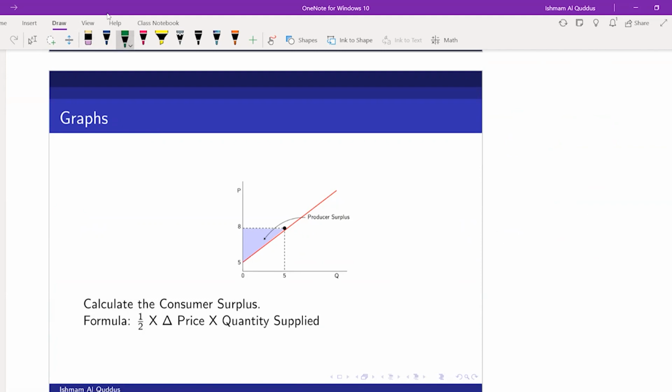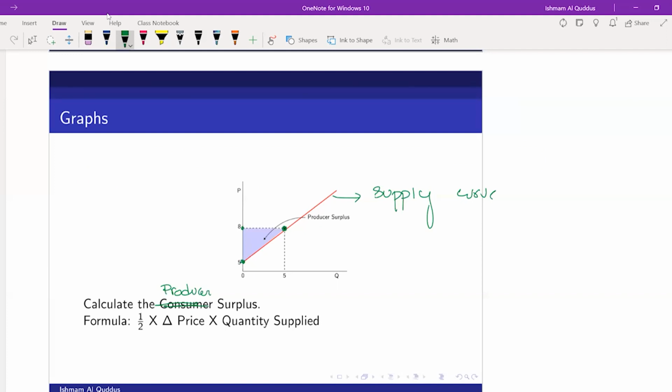So here, this is your supply curve, right? Because now we are talking about producer surplus, so supply curve. Now, the amount the product is currently being sold at in the market is 8 taka. Now, this is your WTS, or the cost price. Using the same formula, we can calculate the producer surplus.